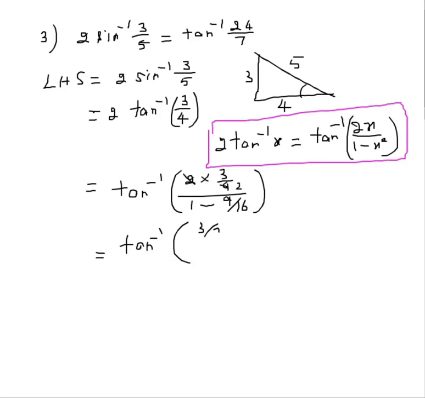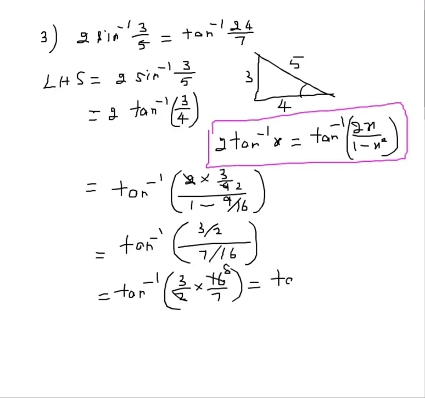It is 3 by 2 divided by 16 minus 9. 16 minus 9 is 7 by 16. Write the reciprocal. Therefore, the answer is tan inverse of 24 divided by 7. And this is the right hand side to be proved.